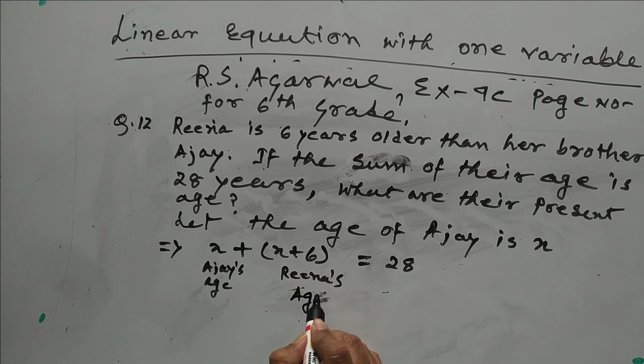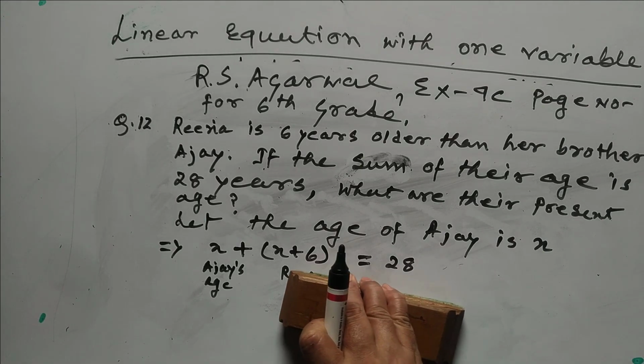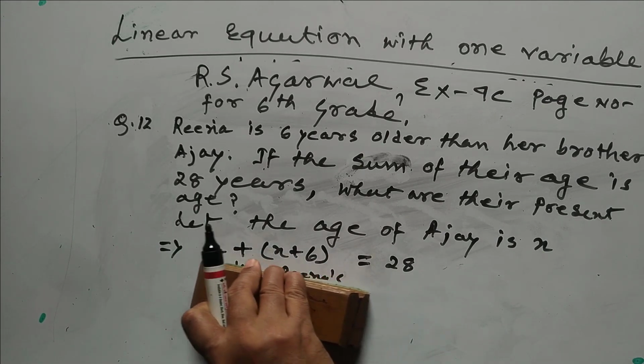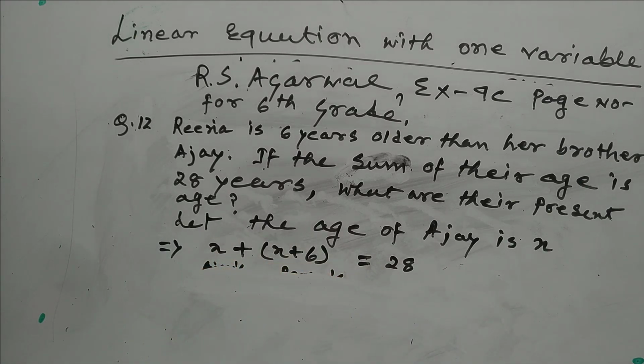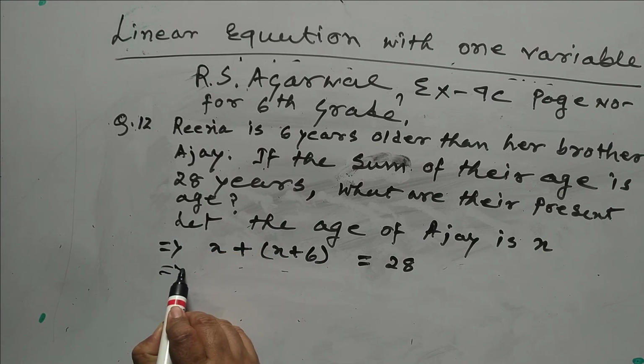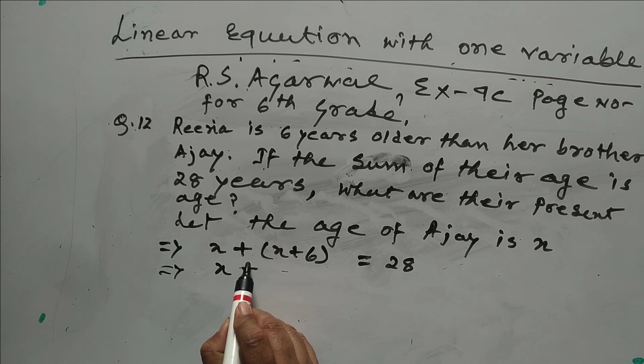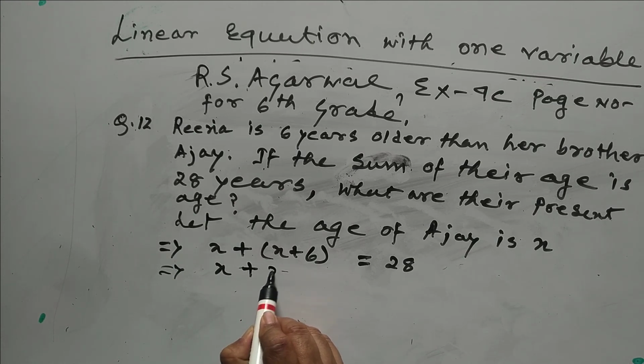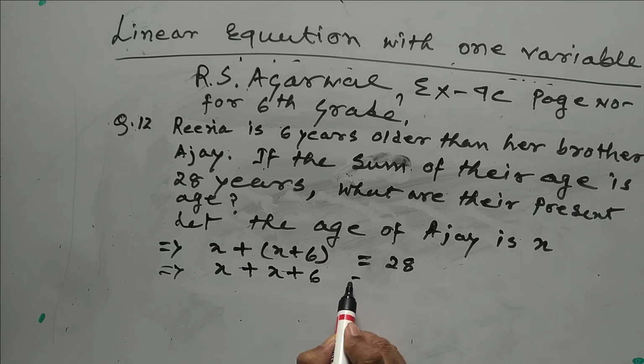And if you sum these ages, the age of Ajoy and the age of Rina, according to the question, it will be 28 years. So x plus x plus 6 equals 28.